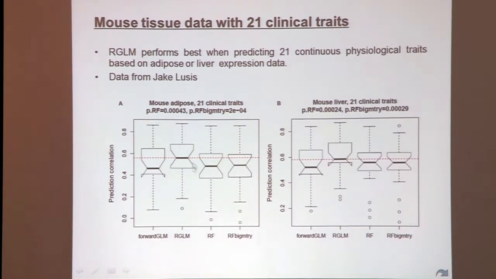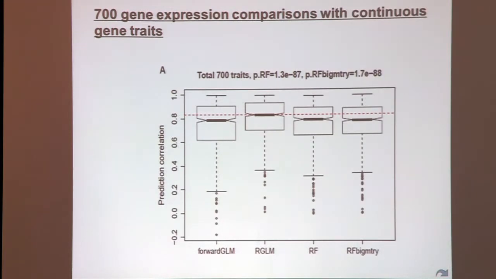Again, it works really well on these real data. Also when we use these 700 gene expression traits where we don't dichotomize the trait, but just leave it as a quantitative trait, this method performs very well, certainly compared with the random forest.